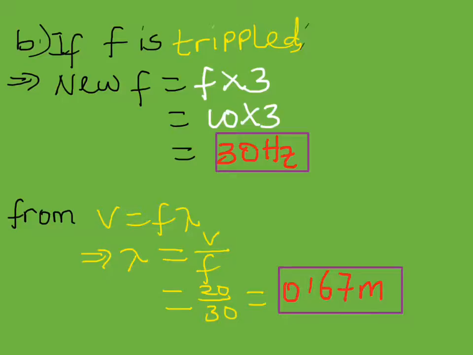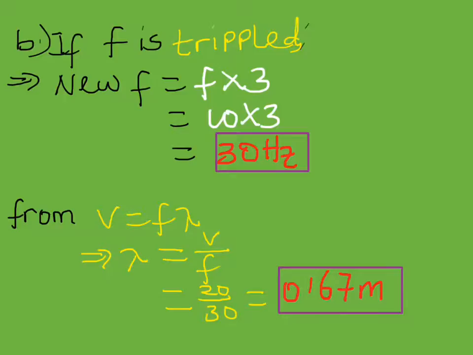But now, we are not looking for velocity. What we are looking for is the spacing between their troughs. Remember, the spacing between their troughs, that is the wavelength of the wave.